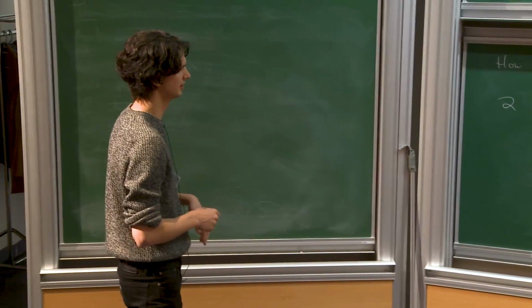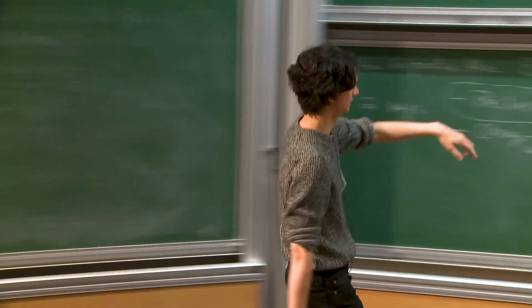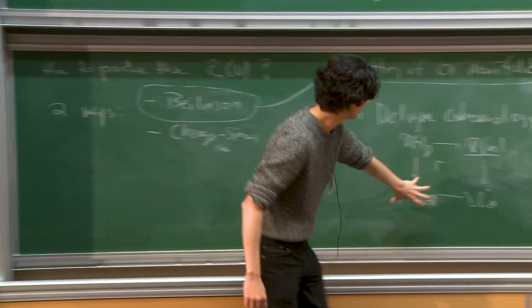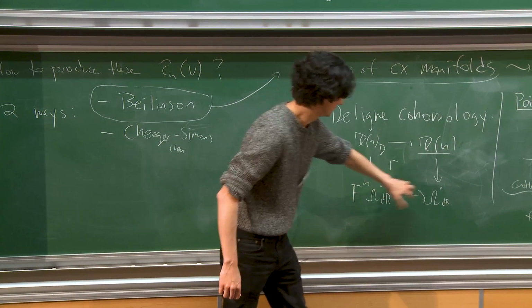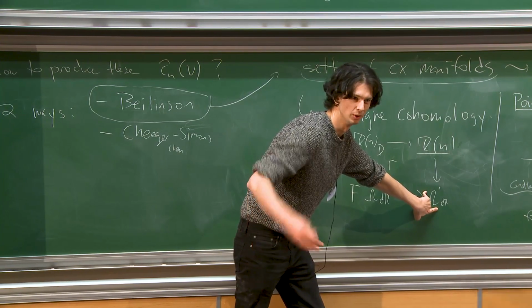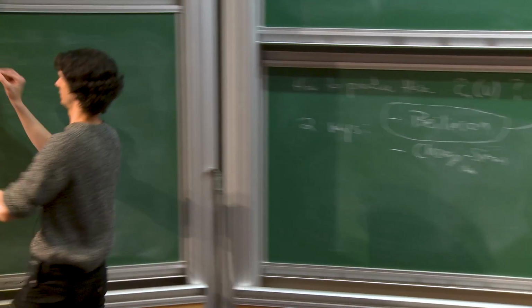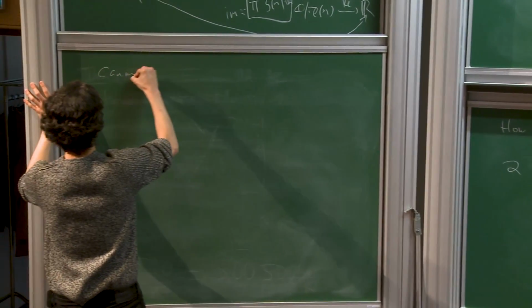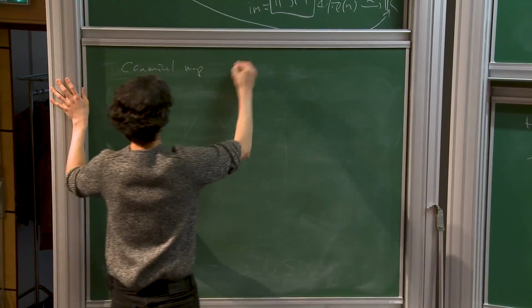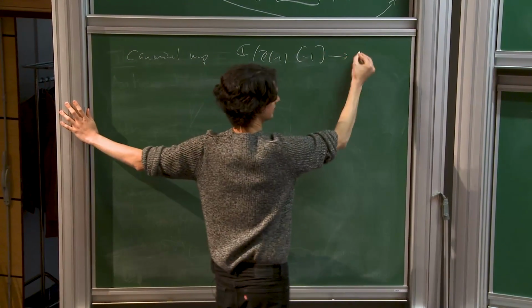Where was I going? Oh yeah, but note also that if you put a 0 here, this is just a resolution of the constant sheaf C, the holomorphic Poincaré lemma. And if you think about what that means, there's always a canonical map from C mod Z(n) shifted by -1 to this Deligne complex.